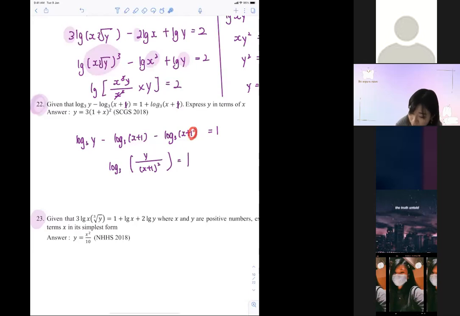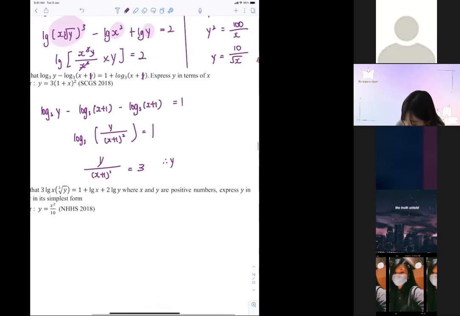This one also change to x plus 1. So now you don't want the log anymore. You can bring 3 to the power of 1 is 3. Therefore, y equals 3 times x plus 1 squared.